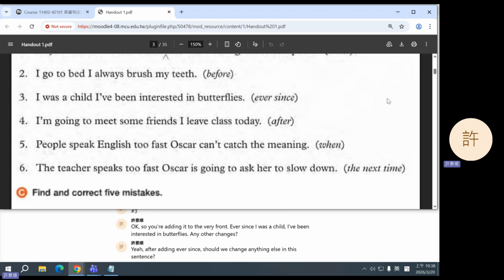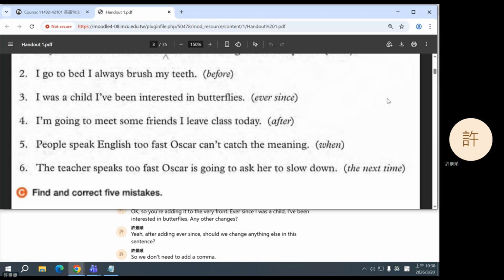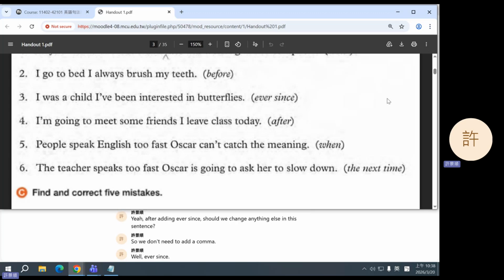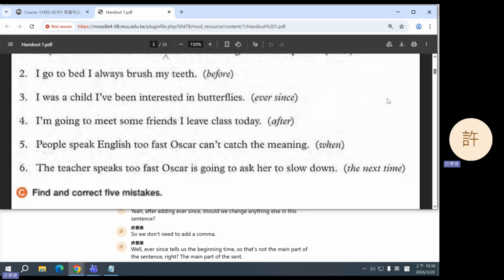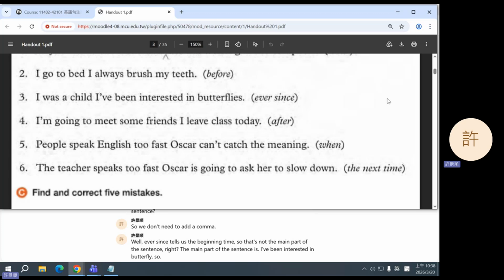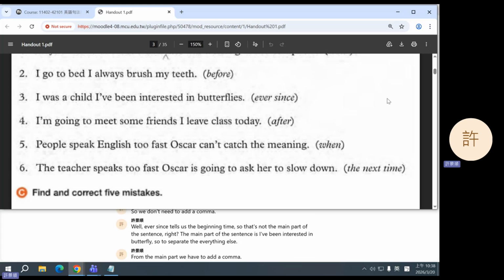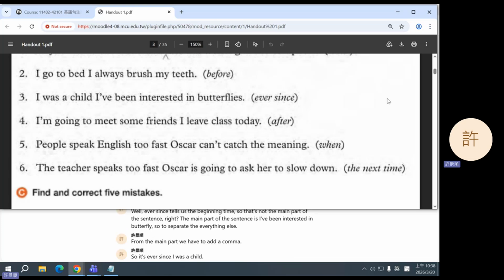So we don't need to add a comma? Well, ever since tells us the beginning time. So that's not the main part of the sentence, right? The main part of the sentence is, I've been interested in butterflies. So to separate the everything else from the main part, we have to add a comma. So it's ever since I was a child, comma, I've been interested in butterflies.